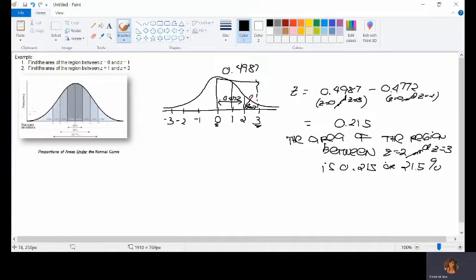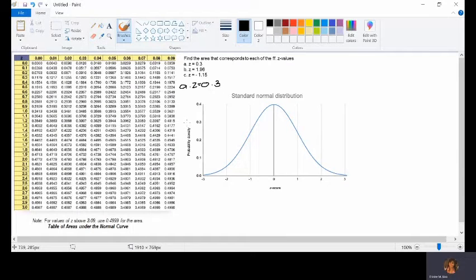Like what I've explained earlier, this will be the proportion of areas under the normal curve. Let's find the area that corresponds to each of the following z values. Example number 1, we have z equal to 0.3. In this standard normal distribution graph, we're going to locate where the 0.3 is.